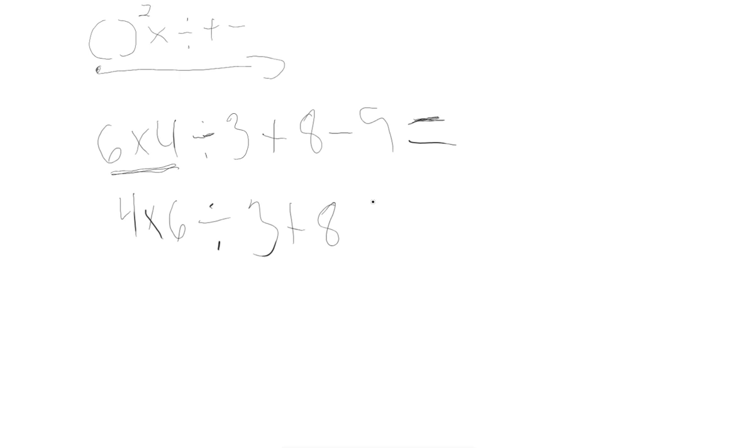Now, there is a difference because multiplication can be inverted, but division cannot. And as you know, if you add 3 to 8 before you divide, you're not going to get the same answer as you would if you divided by 3 and then added 8.